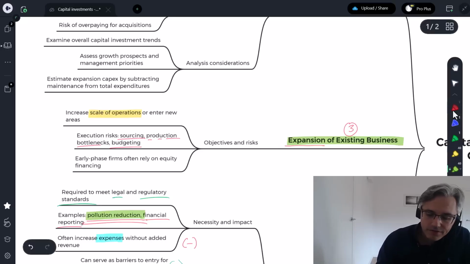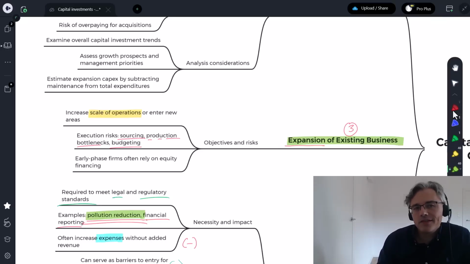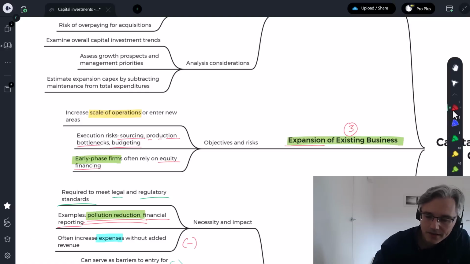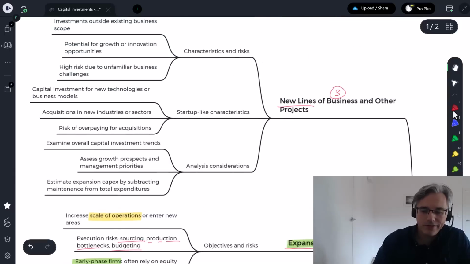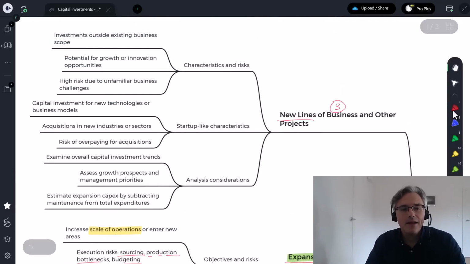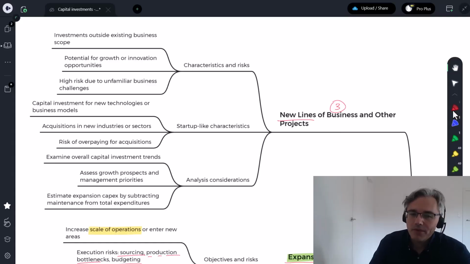Often, if this is a company in the early phase of development, these types of projects will be financed by equity financing, because debt providers often perceive this as being too much of a risk. Okay, now moving on.